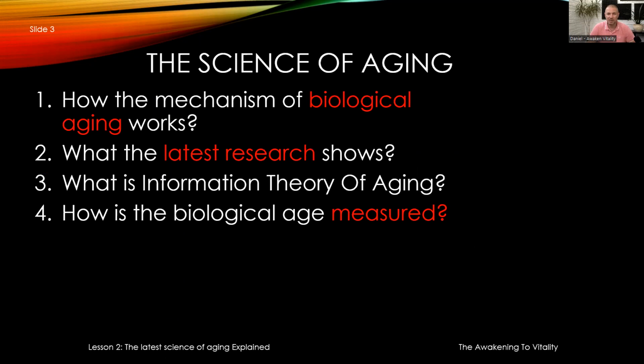So how the mechanism of biological aging works, what the latest research shows, what are the things behind the information theory of aging, which is a completely new approach to aging as a process from scientific basics, and how the biological age is measured.